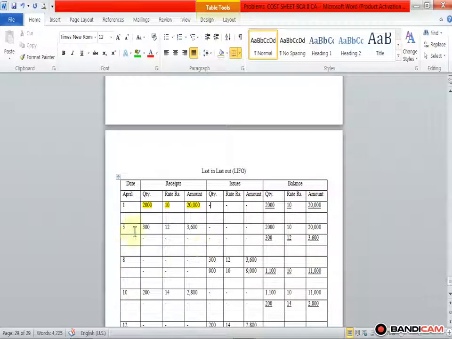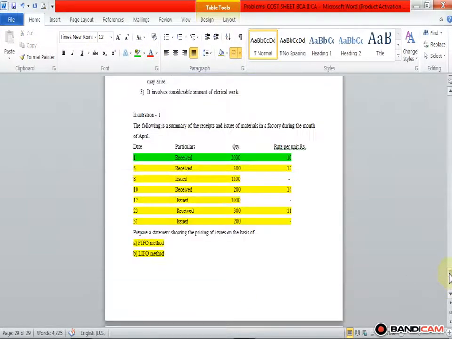On 5th April we again received 300 quantity of material at rupees 12 each, amounting to rupees 3600. So here 5th April we again received 300 units at rupees 12 per unit, and the total amount is 300 into 12 is equal to 3600.